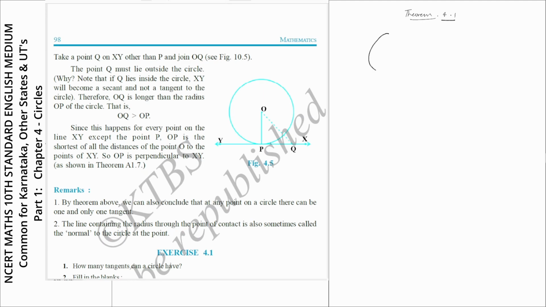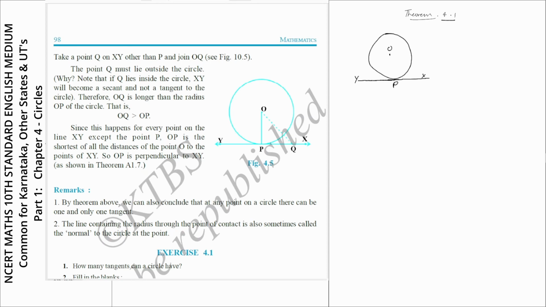See, if there is a circle and if there is a tangent to the circle, the tangent touches the circle at one point, right? So let the circle be centered at O, and let XY be the line, and let the tangent touch the circle at point P.